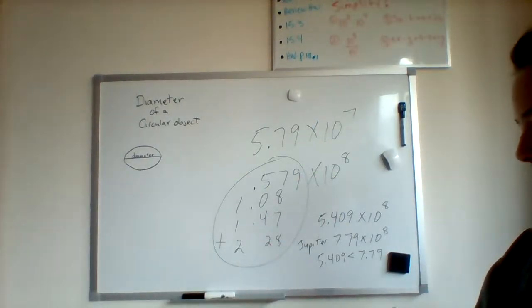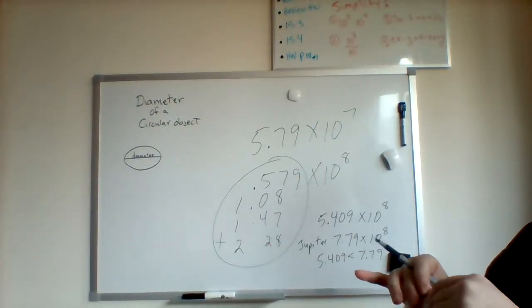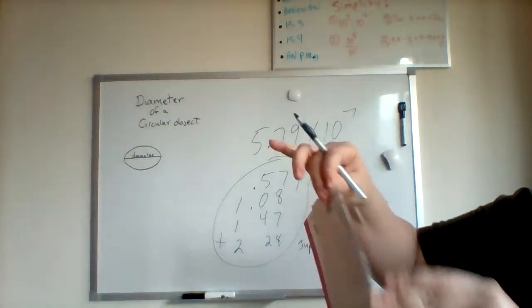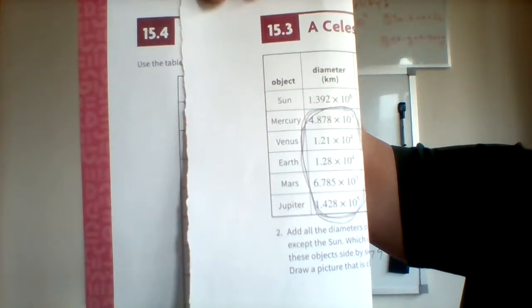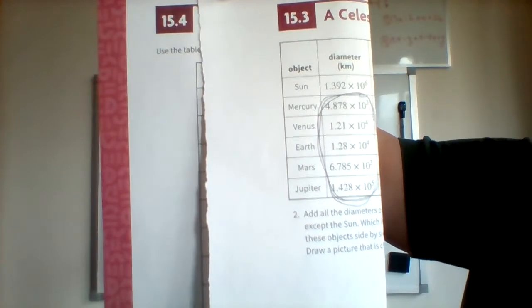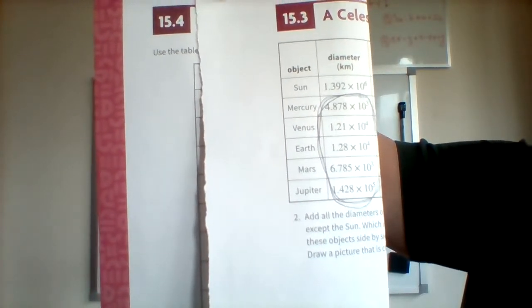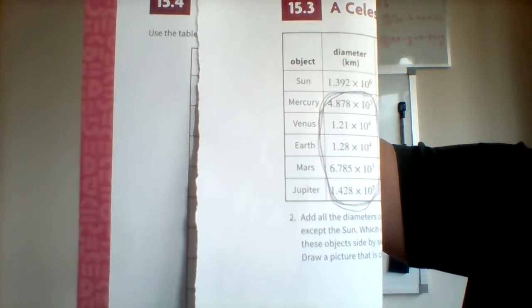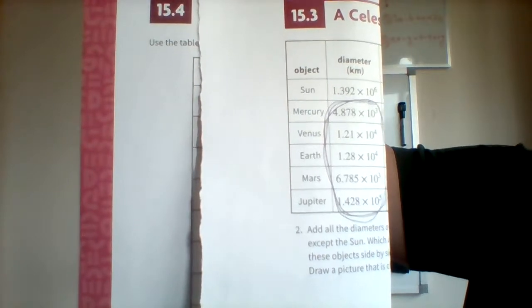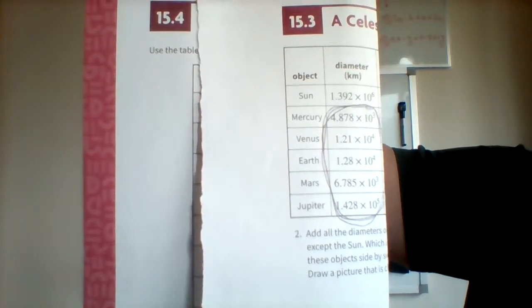and I don't have to show you that part anymore. Now we're just going to add up all of those, because those are the planets. The top one is the sun. We don't want the sun's diameter here. We are trying to compare all of the planets' diameters added up to whether or not they would be the same, smaller, larger than the sun's diameter.